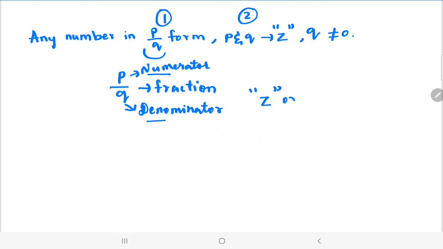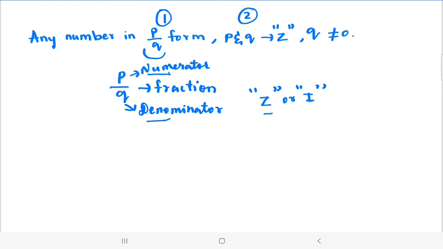Z or I means integers. I already told this to you. So whenever any number can be written in the form of p by q and p and q are integers, then you can call it a rational number.